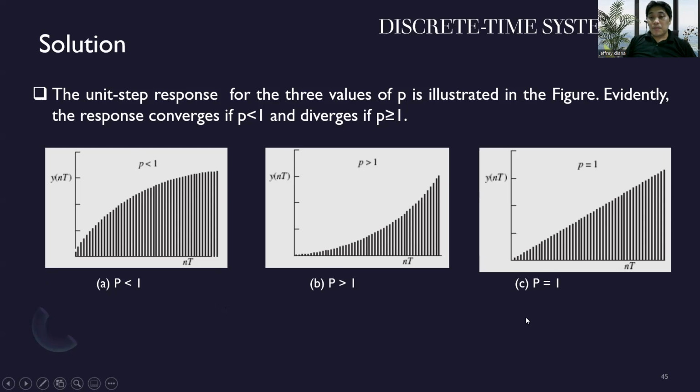And for the last diagram, C, p is equal to 1. So this is my last and final equation for the solution in solving LTI systems, or linear time invariant systems.